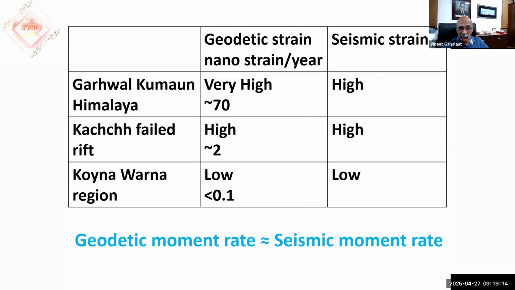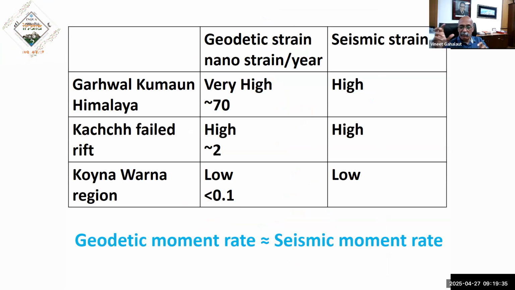The corresponding strain is less than 1 nanostrain here. It's almost like 0.1 to 0.5 nanostrain. To put it in the right perspective, a nanostrain is 10 to the power minus 9.